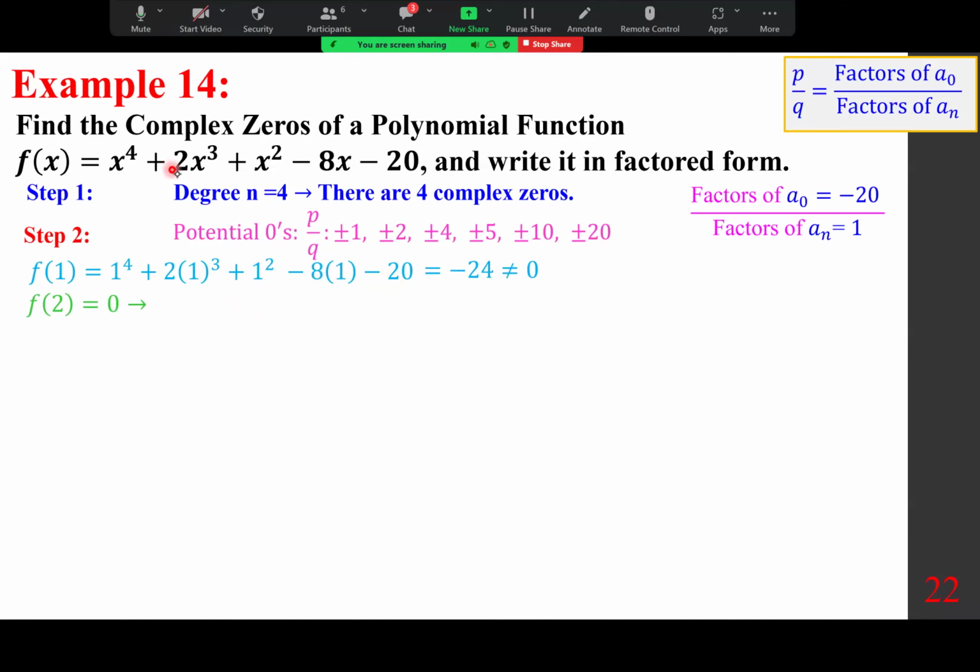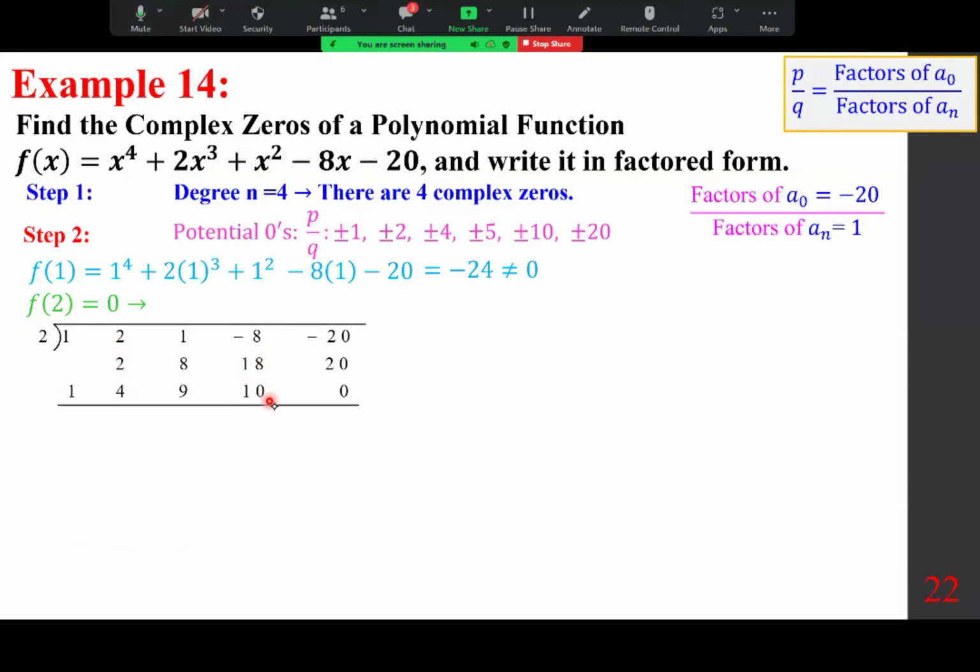But since it's 0, you are going to go with the synthetic division. And you're going to put 2 here, and then 1, 2, 1, minus 8, minus 20. You go through the process. Again, you drop the 1, times 2 is 2 and 2, 4, times 2, 8 and 1, 9, times 2, 18 and negative 8, 10, times 2, 20 and negative 20, 0.